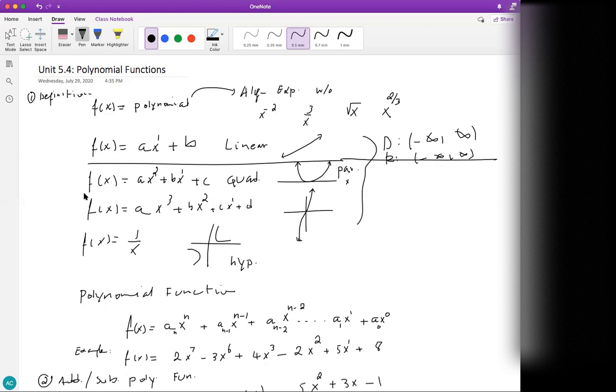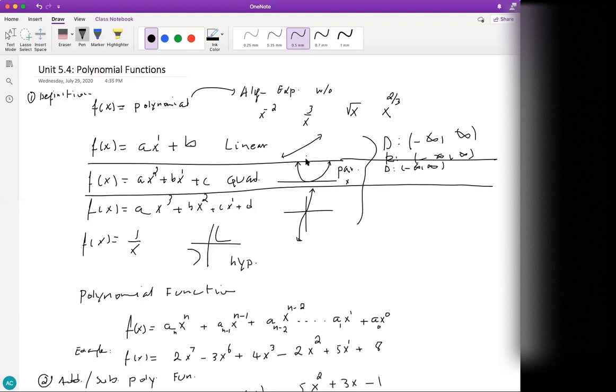For the next function, the quadratic functions, as we saw, the domain is always the same, because of these arrows, the x extends in both directions.